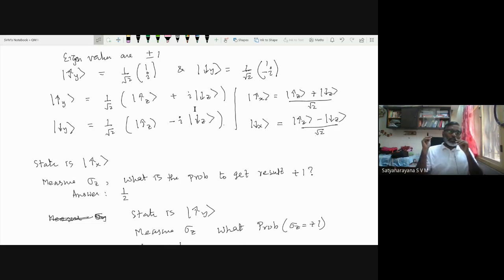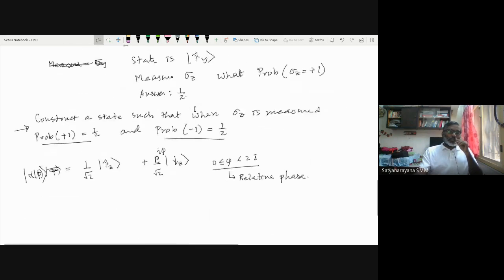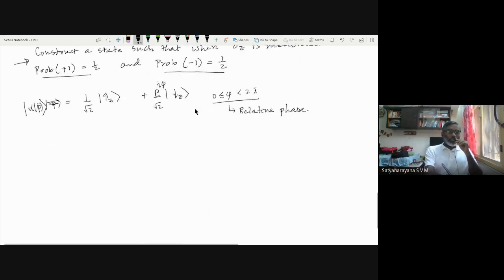X and Y are two directions, but I could have taken some other direction, and that also can be represented in terms of up z and down z. So in general, we can parameterize. Let n cap be an arbitrary unit vector.